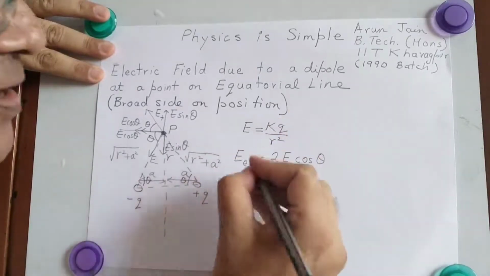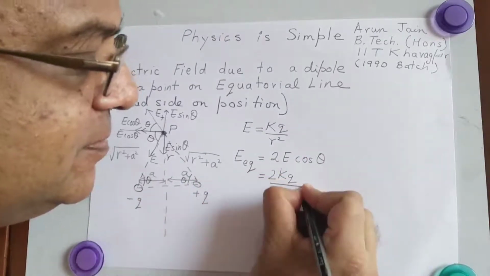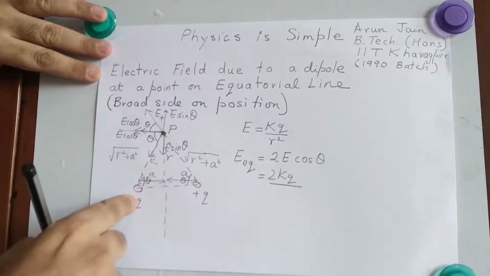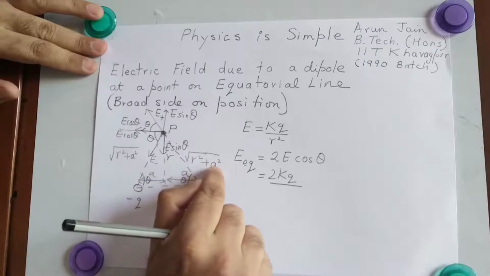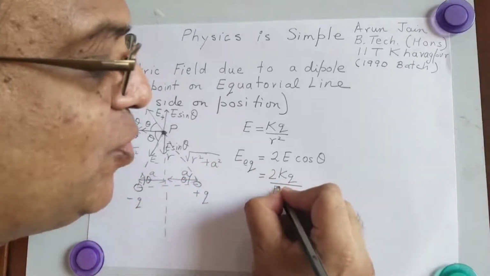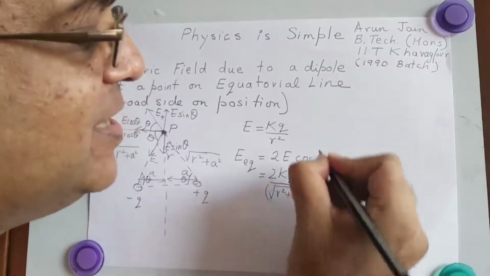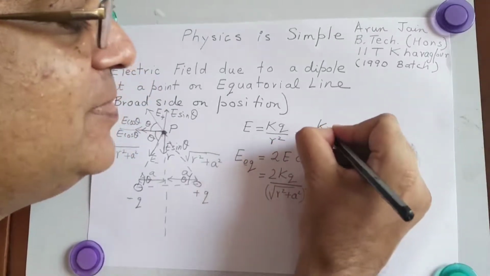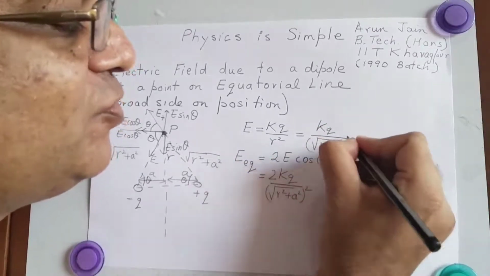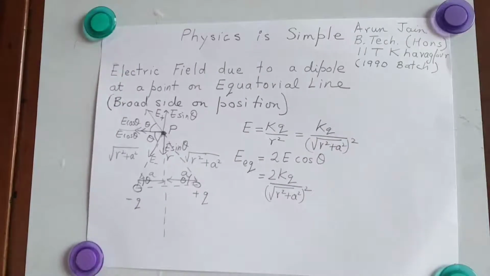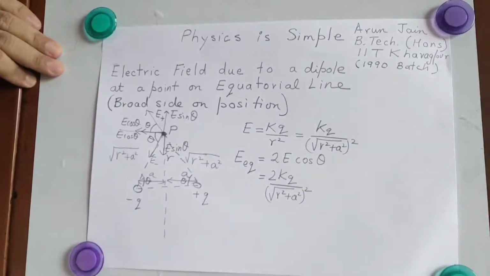Now E we have got here. So E is kq by r square. This r is the distance actually. So r here is actually root over r square plus a square. So this will be root over r square plus a square, whole square. So this is actually kq by root over r square plus a square whole square, because the distance between the charge and the point is root over r square plus a square.